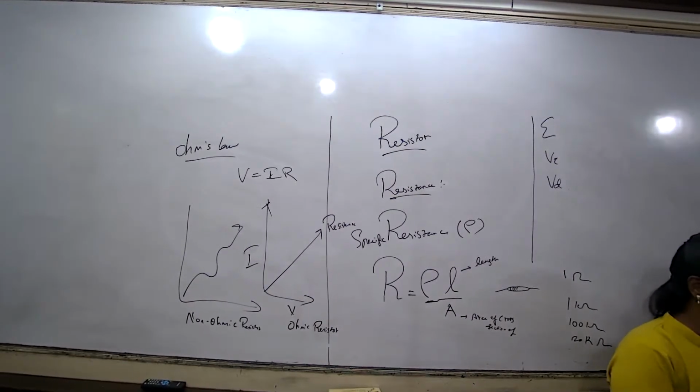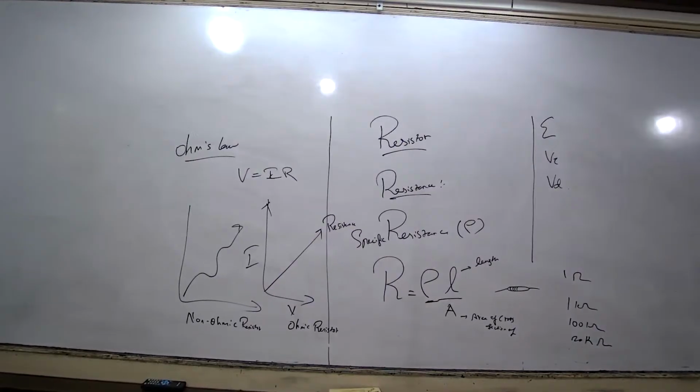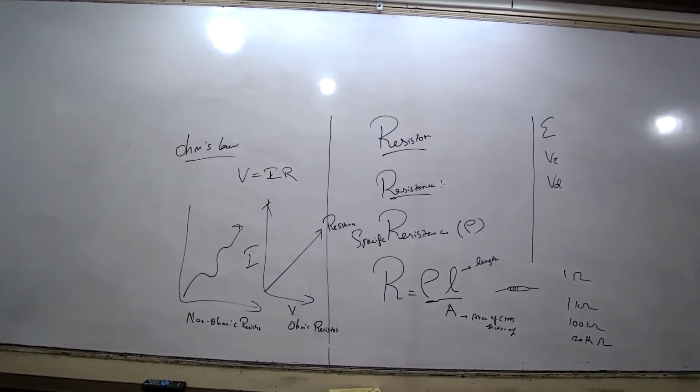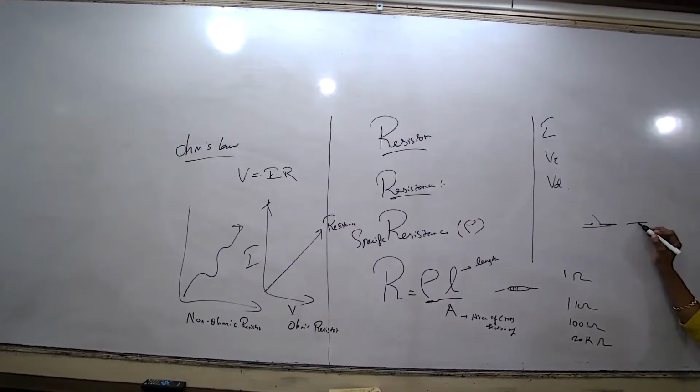So in this battery, EMF is nothing but... You people know about open circuit and closed circuit. If you take any switch, now the switch is in open condition. Closed condition will be in this manner.